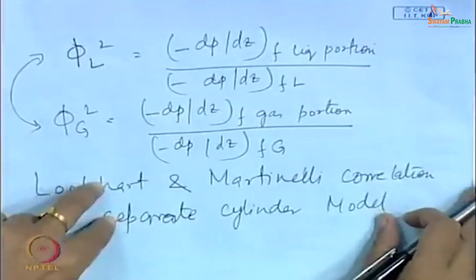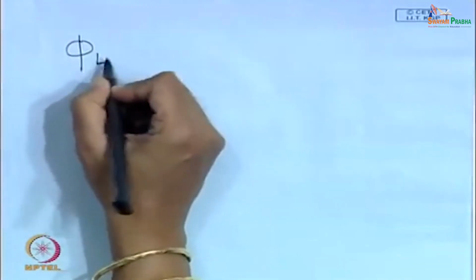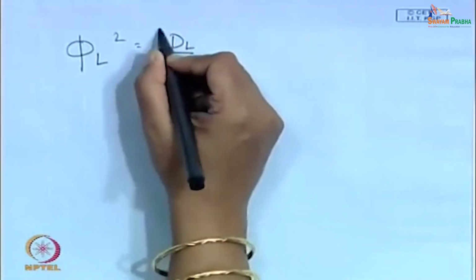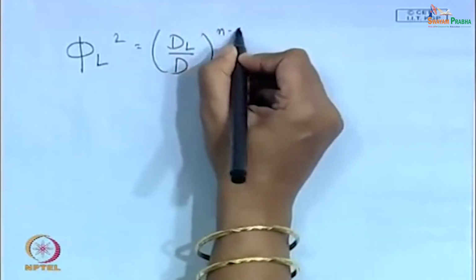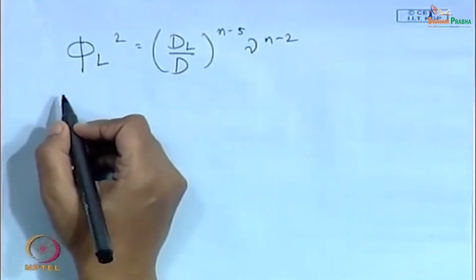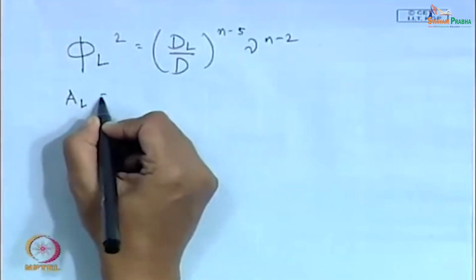Now, if we consider this particular phi L square, what do we get? This was d L by d whole to the power n minus 5, gamma r whole to the power n minus 2. Now, in this case, what is A L?